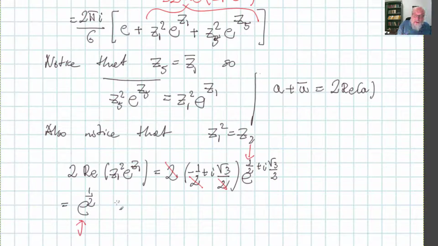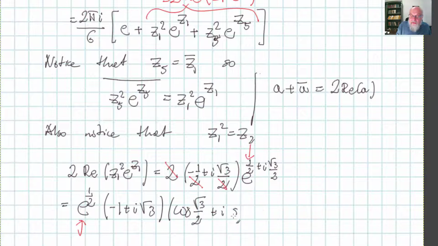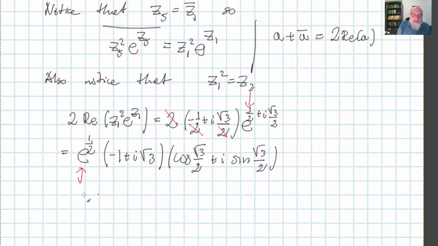And then I have here minus 1 plus i square root of 3. And here we have cosine square root of 3 by 2 plus i sine square root of 3 by 2, which provides us with the following.